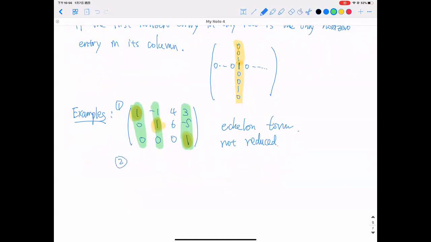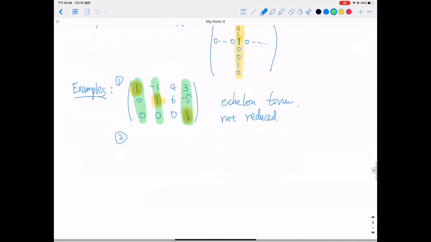Now, one more example. Say 1 0 0 0 1 0 0 0 1 2 minus 1 3. This, I claim, is in reduced echelon form.